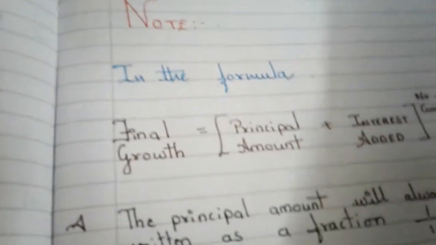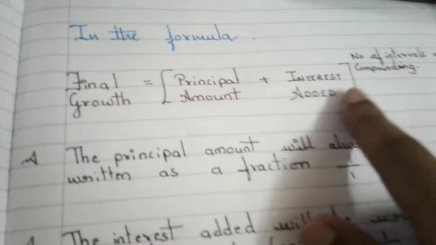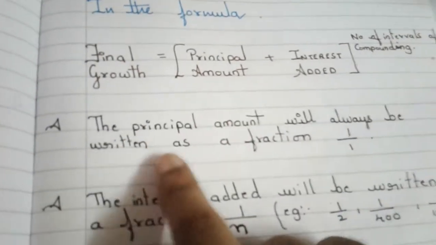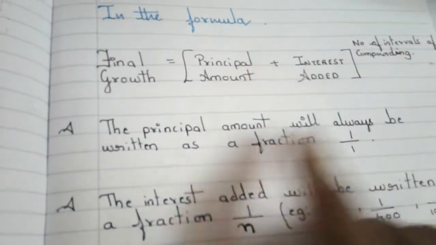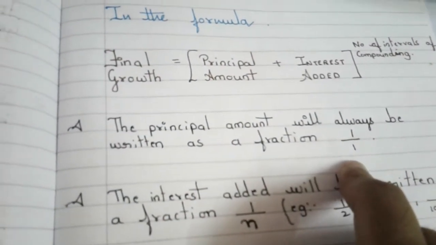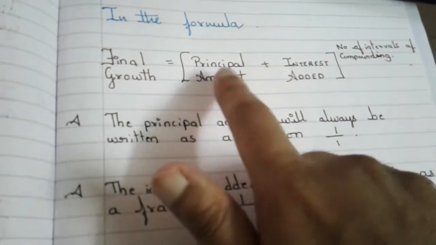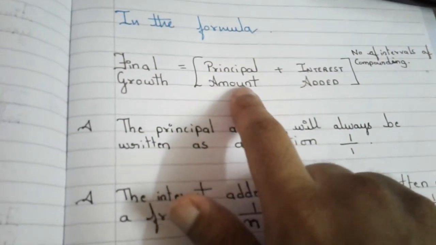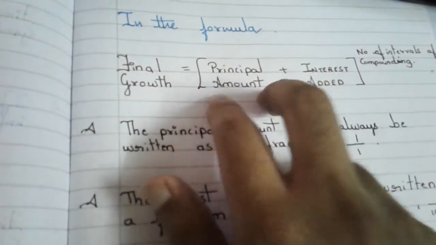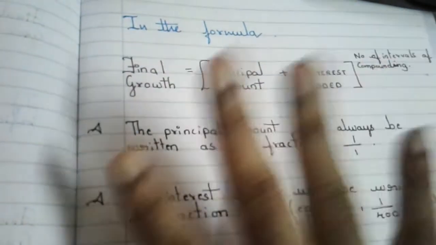There's an additional note. In the formula, final growth equals principal amount plus interest added, raised to the number of intervals of compounding. The principal amount in reality will always be written as a fraction 1 by 1. So don't add a number like 3 or 4 here. In the example that I gave, I deliberately gave it as $1, but in real life, don't add a number like $4 or $5 there.